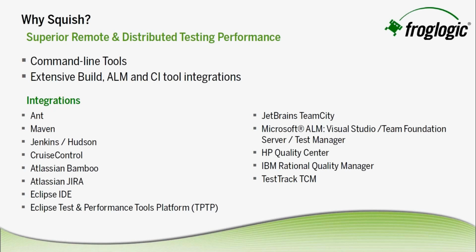As each tool that we integrate with is slightly different or very different, our integrations are going to be different to meet the needs of that tool and how Squish best works with those tools. Today, time permitting, we will see an example of the Jenkins integration and triggering tests across different platforms, including cross-platform testing execution.